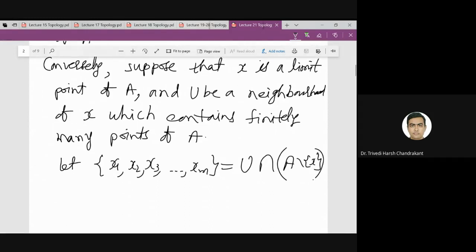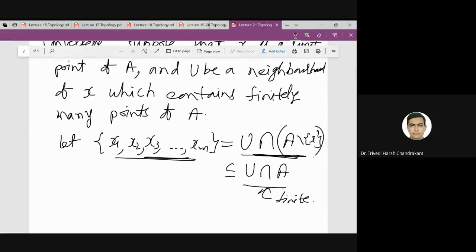So since U intersection A is a finite set and this set is a subset of it, this set is also a finite set, and I can always represent a finite set in this form by considering the finitely many elements. So this finite intersection I am denoting by the elements x1, x2, xm.